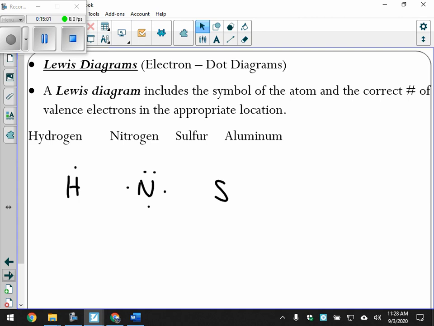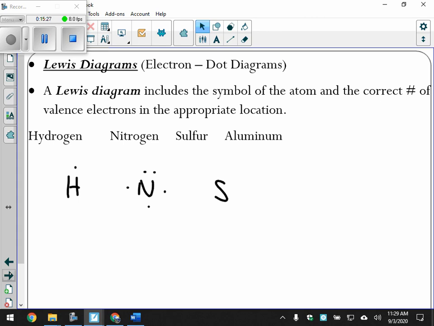So look, where's sulfur? Well, sulfur is number 16. So what does that mean? 16 protons, 16 electrons. 2 go in the first energy level, right? Why do only 2 go in the first energy level? 1, 2. Yeah, there's only 2 in the first energy level. That's where the 2 comes from. Then 8: 1, 2, 3, 4, 5, 6, 7, 8, to neon. That's filled, right?